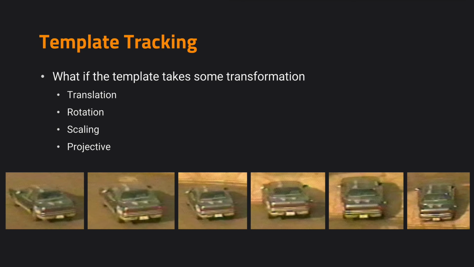But what if the object is rotated, scaled, or even takes some projective transformation? How can we compensate for those effects when we match the frames? Of course, when the object is rotated, scaled, or has some other type of deformation, just comparing the pixel values won't give us very satisfactory results.